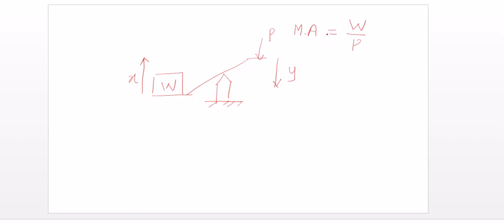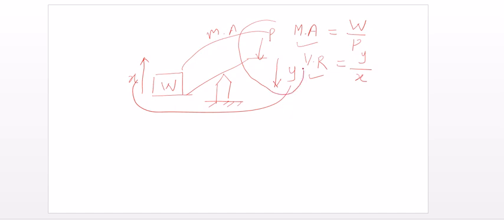Second one is velocity ratio, the distance moved by the effort divided by the distance moved by the load.